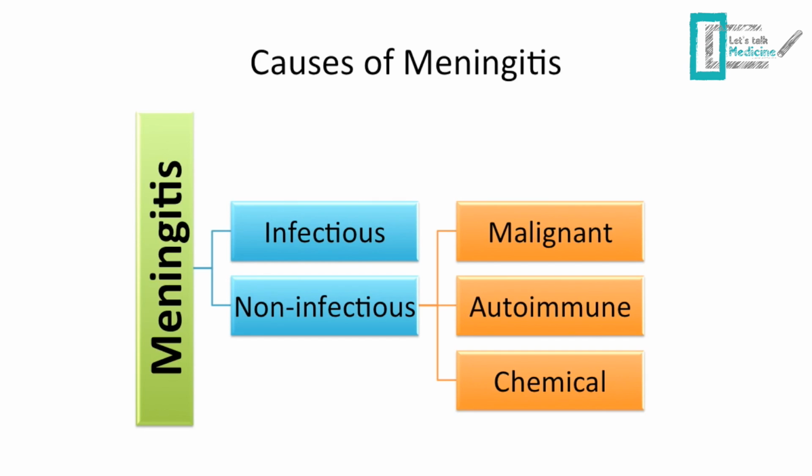Moving to the causes of meningitis. Basically, the causes can be classified into infectious causes, which is the most common, and non-infectious causes. The infectious causes we are going to concentrate on more in this video, especially the bacterial types. The non-infectious causes can be malignancy, for example, some types of leukemias and lymphomas and breast cancer.